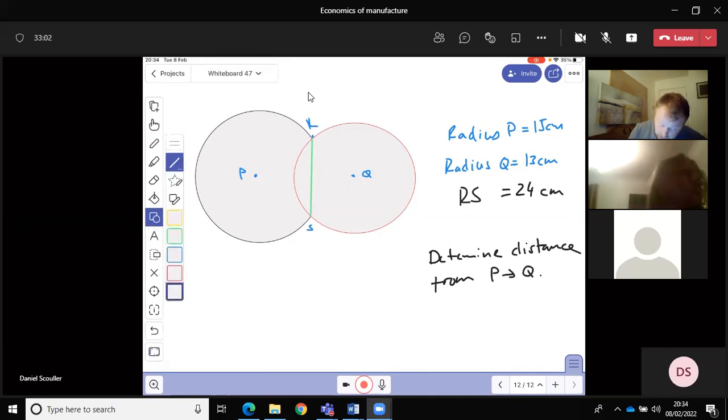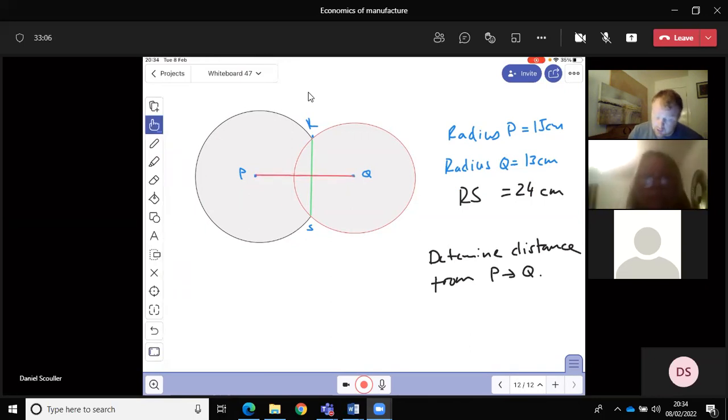So we draw a line from P to Q, straight line. That's going to cut line RS in half, but it's also going to create right angles. Okay, now we've got both radiuses, and we know the radius is from the center of the circle to the chord.